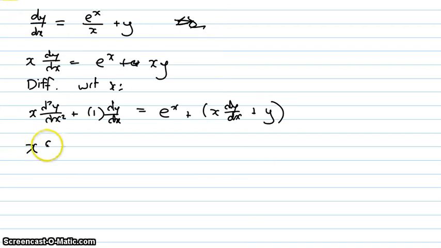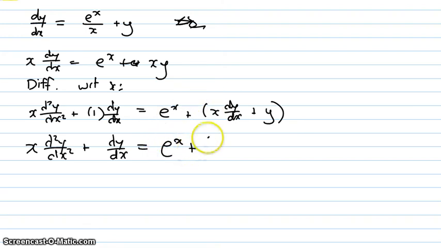So this is x d2y dx squared plus dy by dx. The other reason I'm going to substitute this out is I don't see any other dy by dx's in my final expression, so I want to get rid of this. So this is e to the x plus, substituting in, e to the x plus xy plus y.